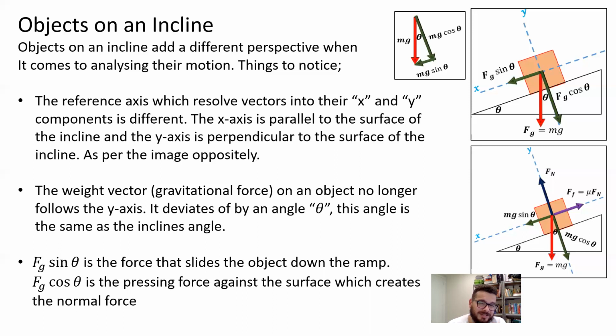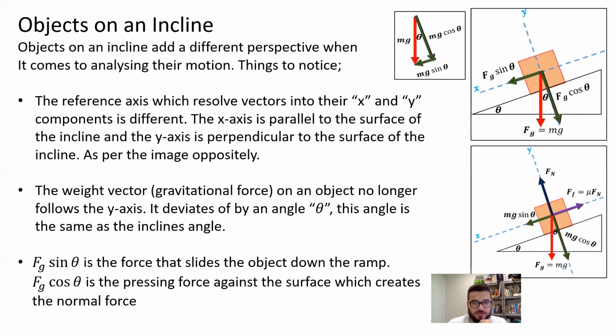What we need to understand is that the sine component is the force which drags the object down the incline, and the cosine component is the one that is responsible for pressing the object against the surface. And that's what's happening there.